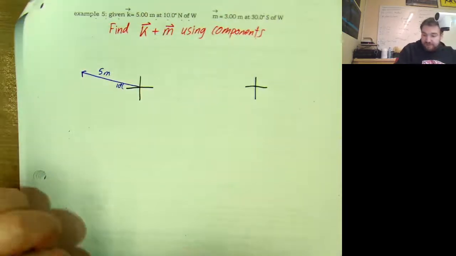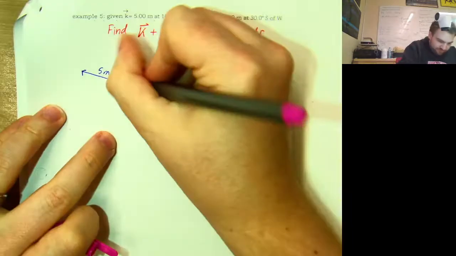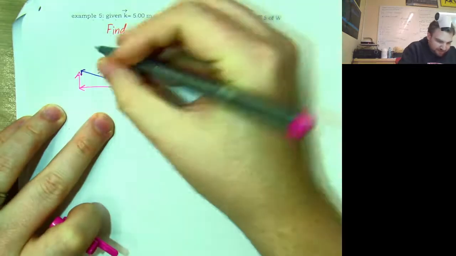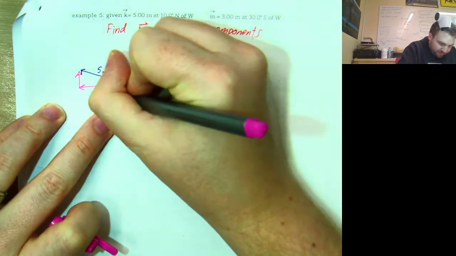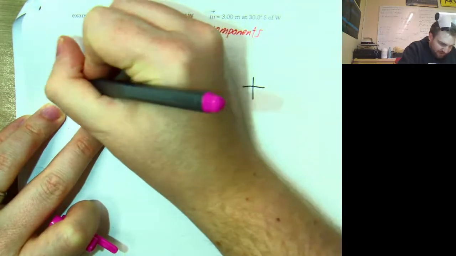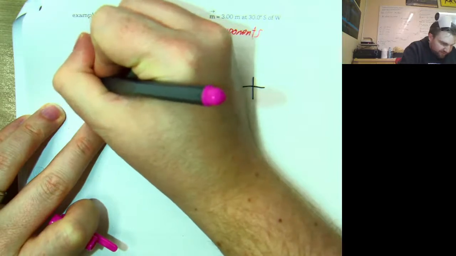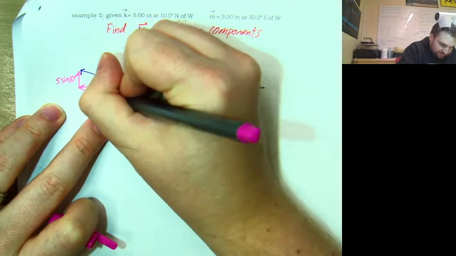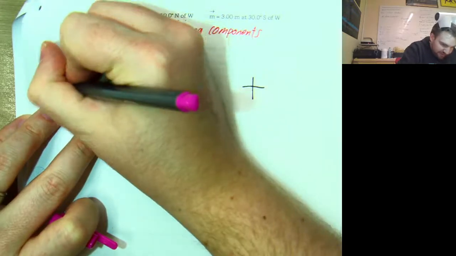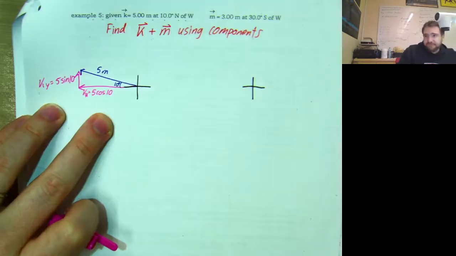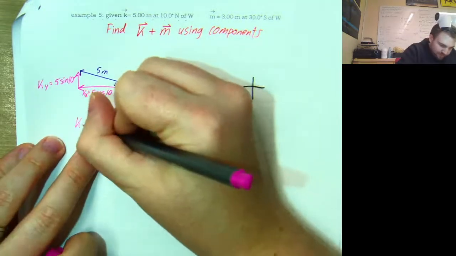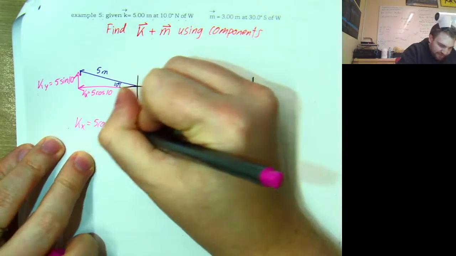And so the components here, this one is going to be 5 cos 10, and this one's going to be 5 sine 10. We can call this Kx. We can call this Ky. So Kx is 5 cos 10.